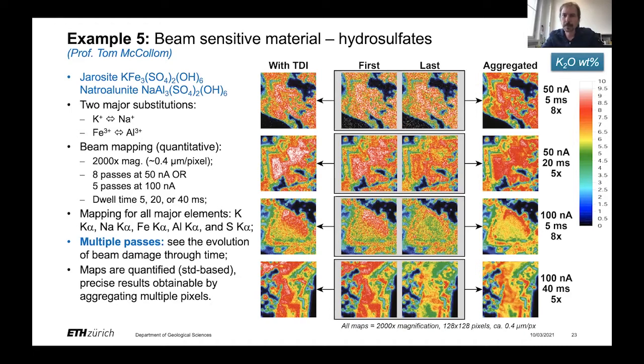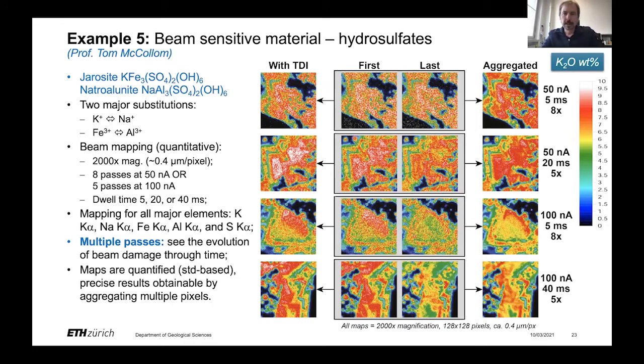In this case, you can opt to aggregate all your pixels, and then you'll get a precise map. Or you can choose to correct for potential damage and have this so-called time-dependent intensity correction. So basically, since we have 8 passes, every single pixel will have 8 measurements, and they are time-stamped. So we can potentially correct for that.